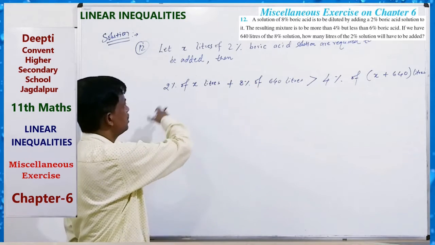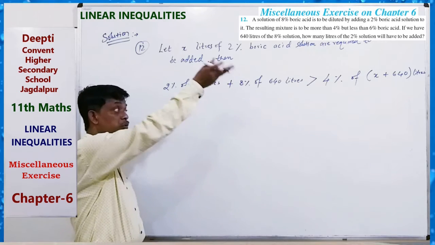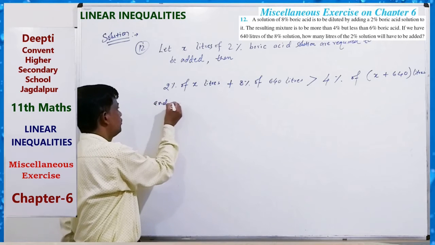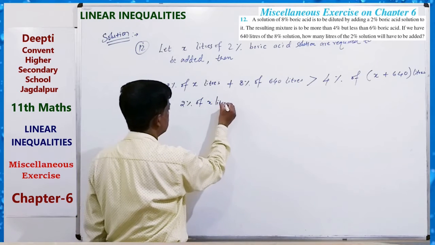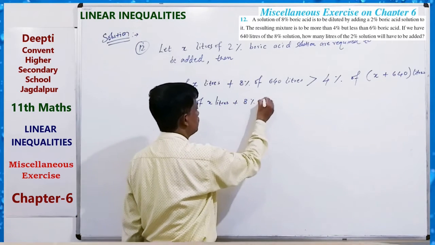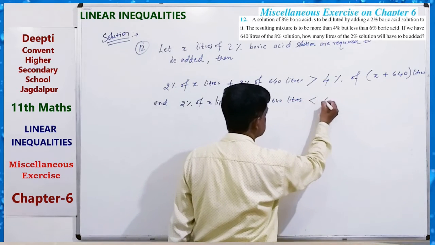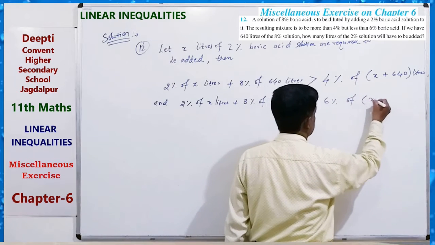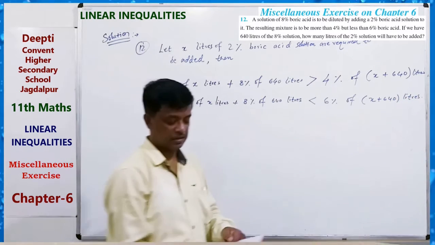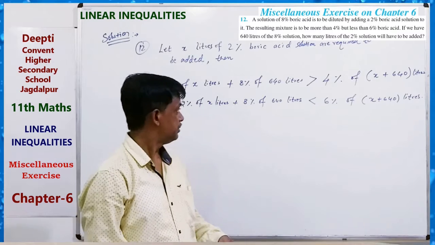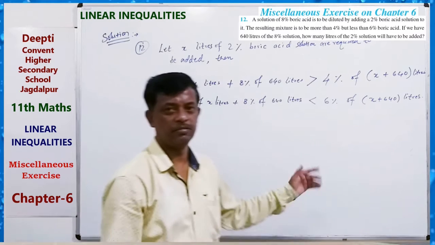So the total is 640 and X liters. So 2% of X liters plus 8% of 640 liters is greater than 4% of the total, and is less than 6% of X plus 640 liters. Okay, now we can solve it.